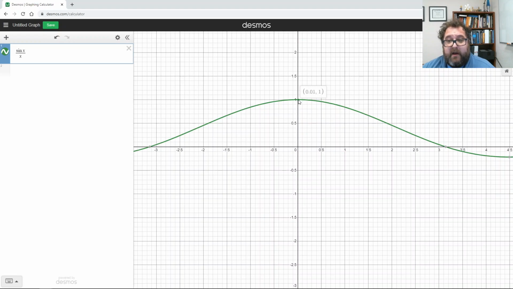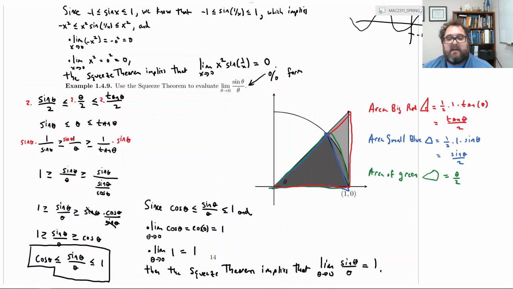So there is a hole there, but clearly from the right, the y values are getting close to 1. From the left, the y values are also getting close to 1. So the limit indeed exists, and the limit as x approaches 0 of sine x over x, or as we wrote it, the limit as theta approaches 0 of sine theta over theta, is indeed 1.